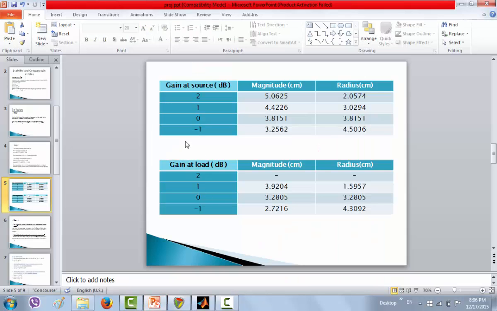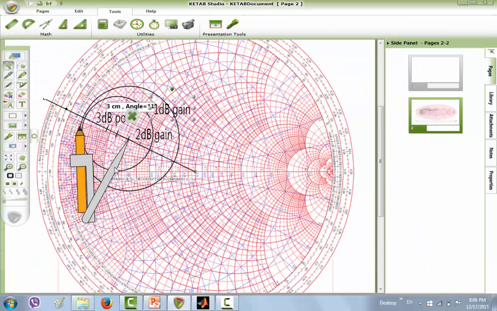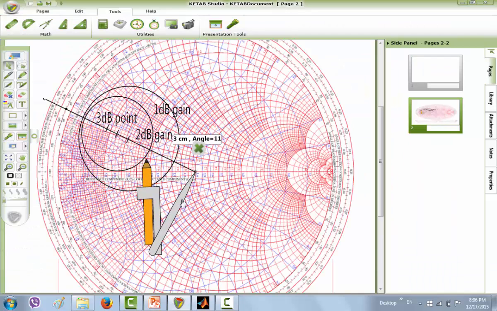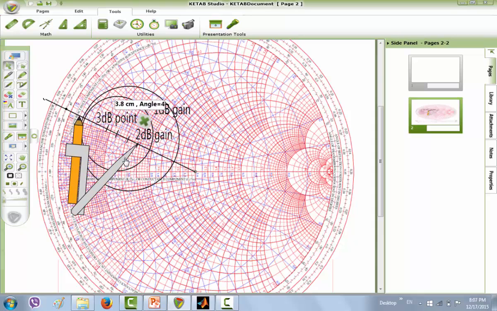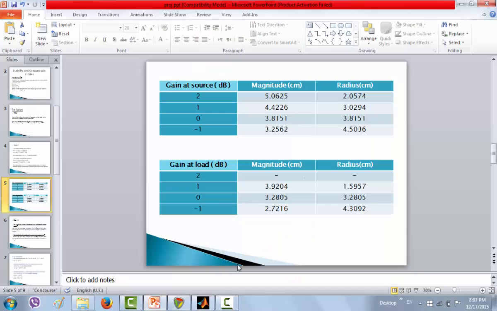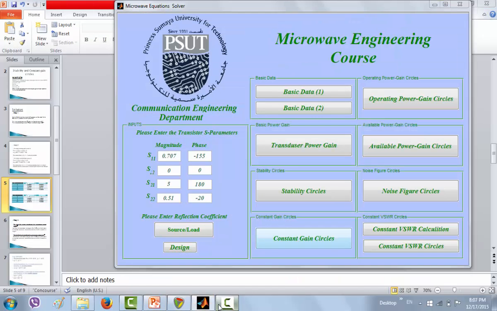Okay, now for the 0 dB gain at the source, its magnitude or the center is at the 3.8. So from the center, 3.8. Determine the center, and from this center, the radius is 3.8 also.